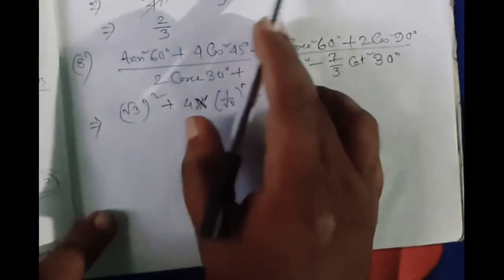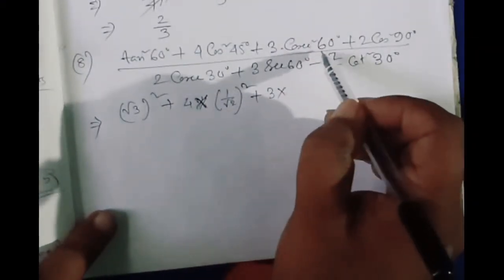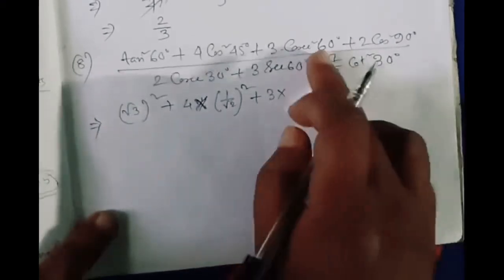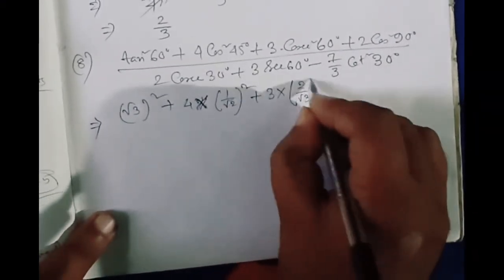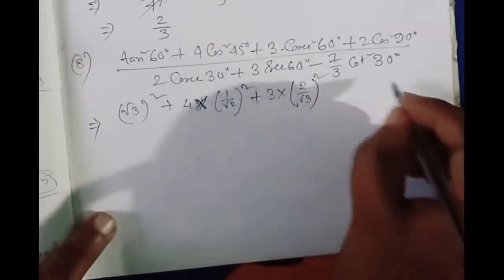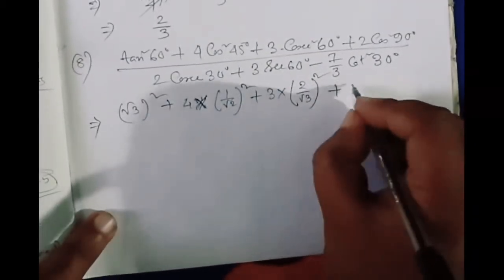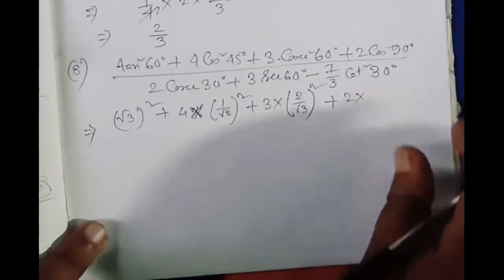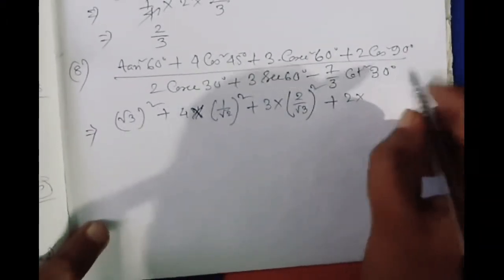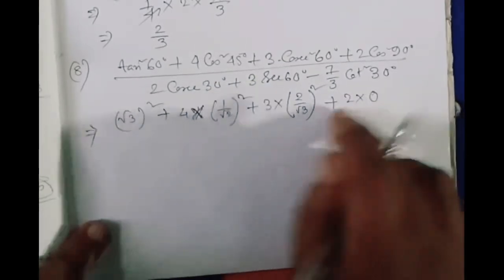Now, the value of sin 60 is root 3 by 2, so cosec 60 is equal to 2 by root 3 whole square plus 2 into cos square 90, cos 90 value is 0.